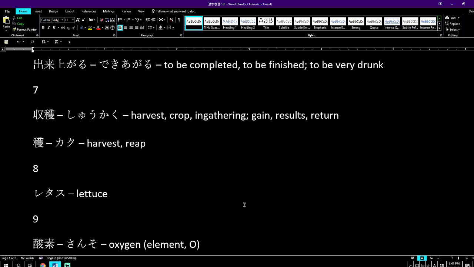Sanso, the basic of acidity. Sanso desu.